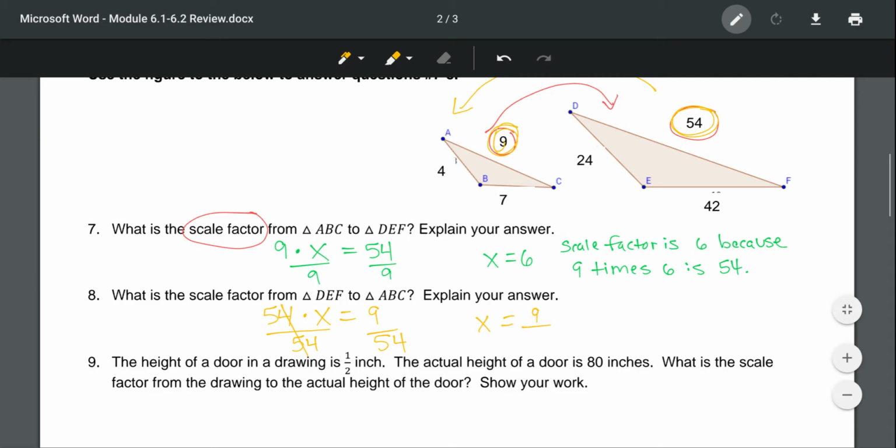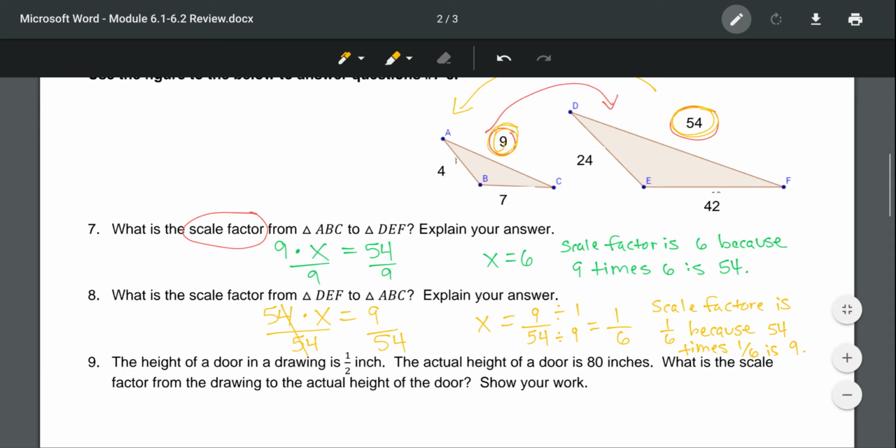You can leave that as a fraction, 9 over 54. And then when you reduce that, you divide both sides by 9, and you get 1/6. Okay, so in this case, the scale factor is 1/6 because 54 times 1/6 is 9.